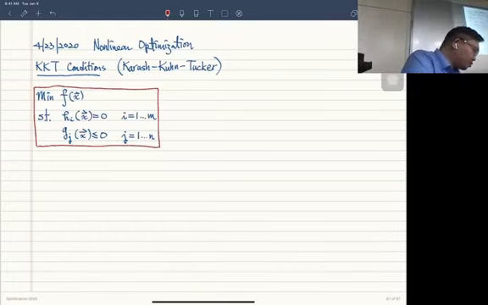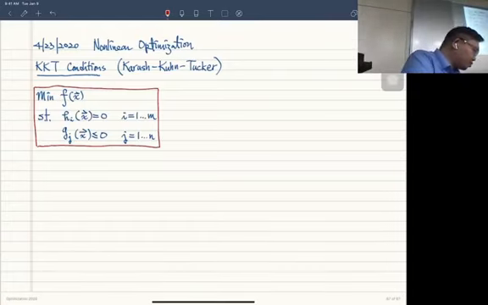So I have a new equation like this: f of x k plus 1 equals basically the same thing, and here x k plus 1 minus x k should be my d vector, right?